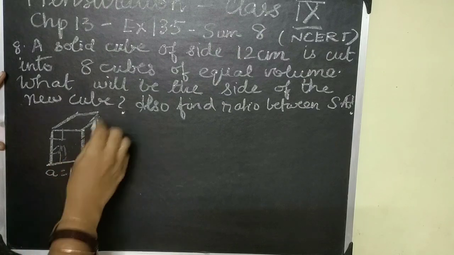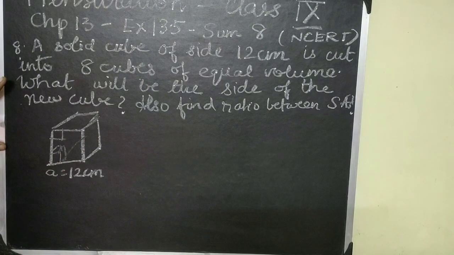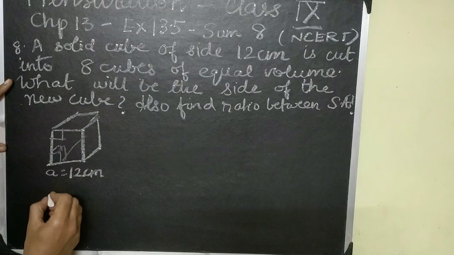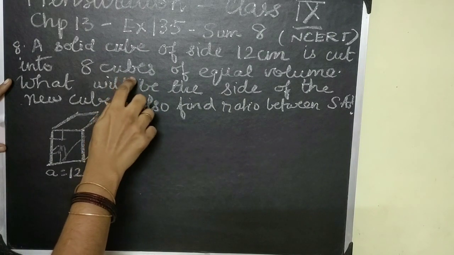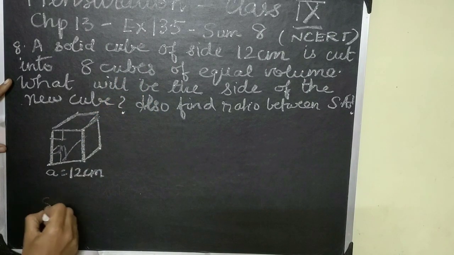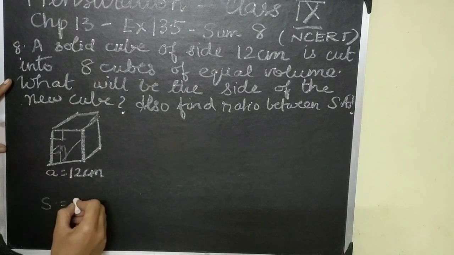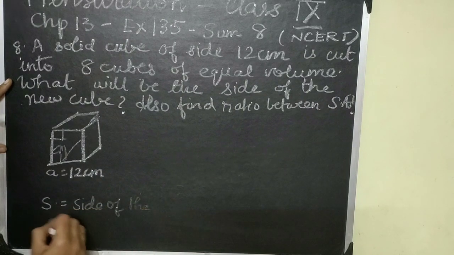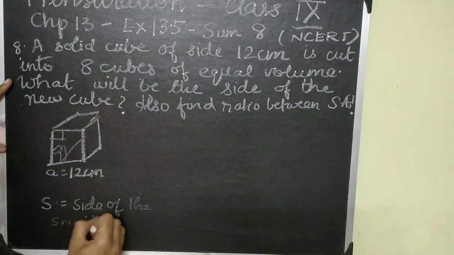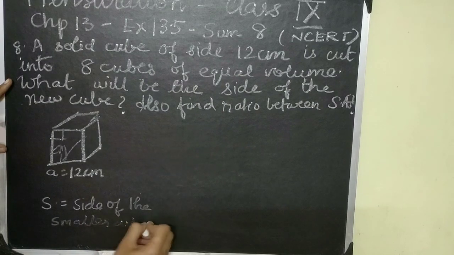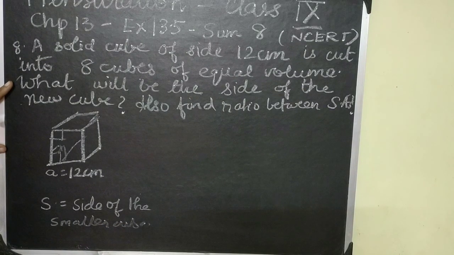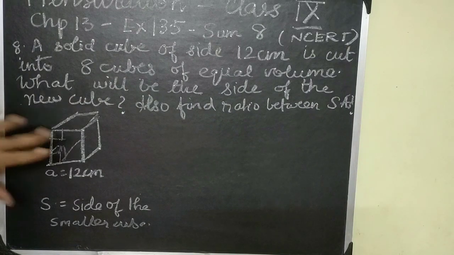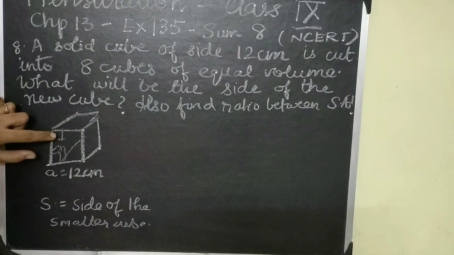That's the logic. So what I am going to do is, I am going to assume that for the 8 cubes, the side is S for the side of the smaller cube. So we know when we are talking about the number of something, it is the total divided by the single one.